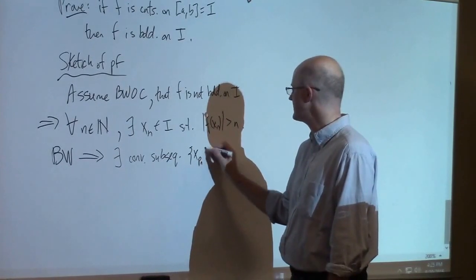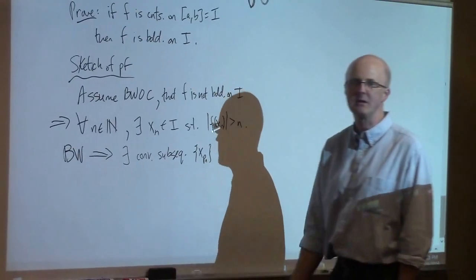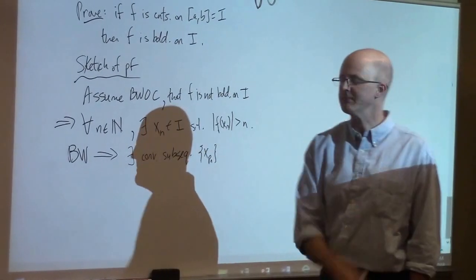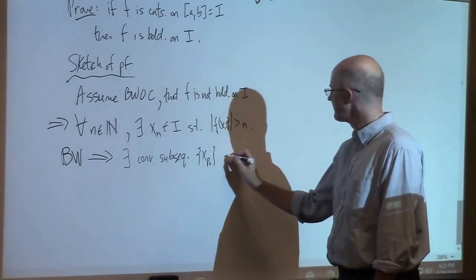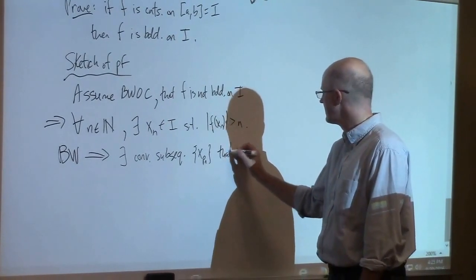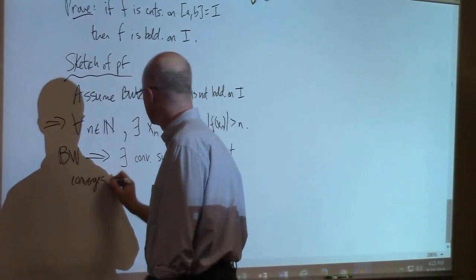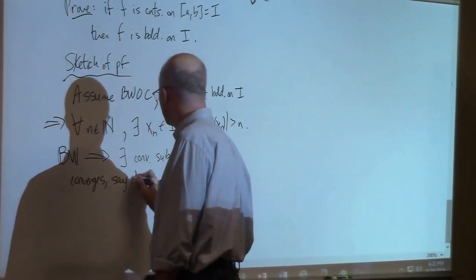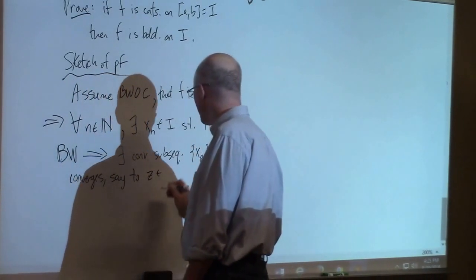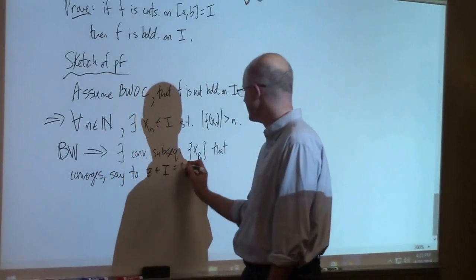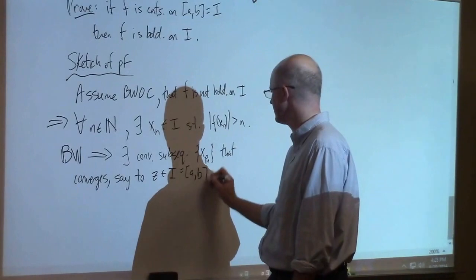X sub p sub n, where the pn's form a sequence of strictly increasing positive integers, that converges to some number z, and moreover it converges to some number z that's in this closed and bounded interval.